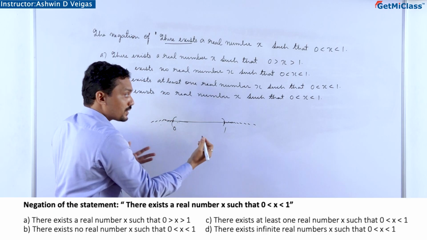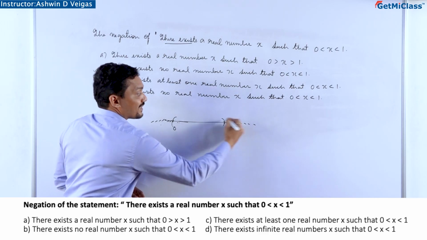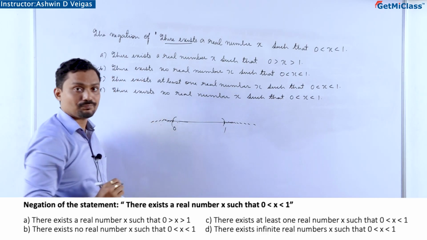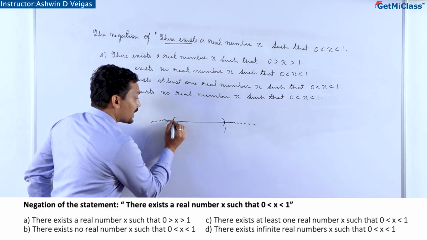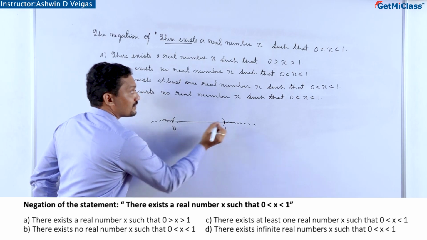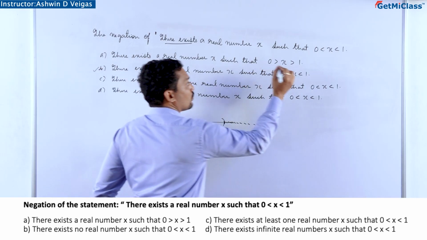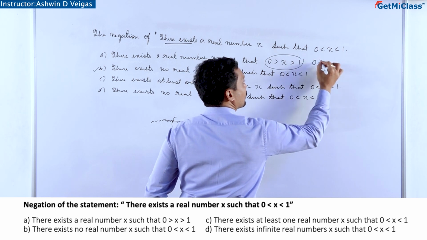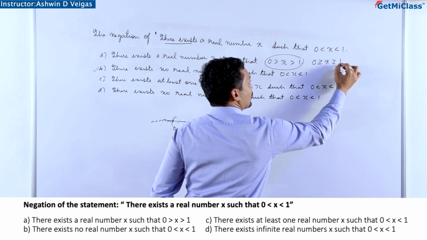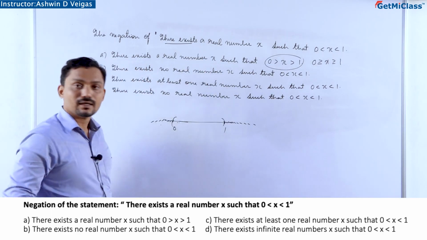That is any number that is there, it is either greater than 1 or less than 1. But the thing is here the negation can also include 0 and 1. Suppose this was given as 0 greater than or equal to x greater than or equal to 1, then this could have been the answer.